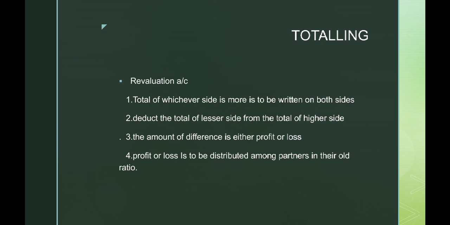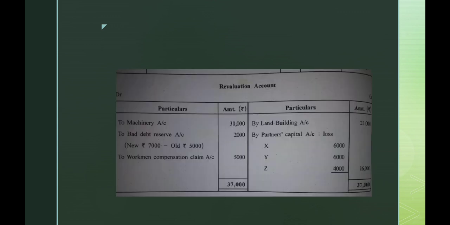So let us check our revaluation account. Yes, this is your revaluation account. You can also see this in your textbook on page number 230. It is clearly presented there. And also you must have prepared the same in your fair book.